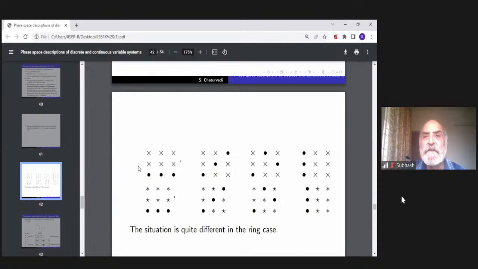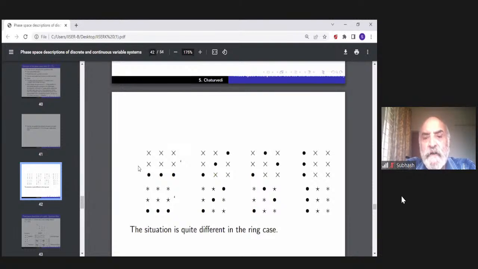So mutually unbiased bases means in d dimensions, what you are looking for is d plus 1 sets of orthonormal bases such that the scalar product of any vector from one of them with any vector from any other one is given by 1 over square root of d. These are called mutually unbiased bases. These are available in prime power dimensions.